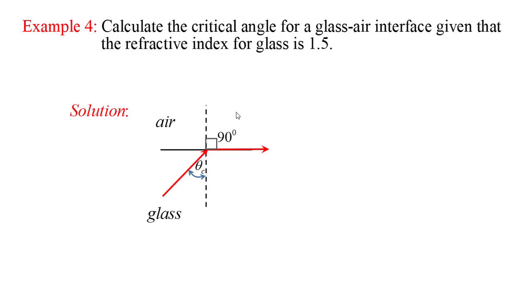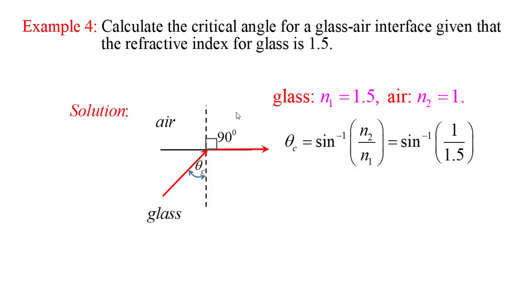That is what is meant by being a critical angle. So for glass, n1 is 1.5, and for air, n2 is 1. The critical angle is sin⁻¹(n2/n1), which is sin⁻¹(1/1.5), and θc is simply 41.8 degrees.